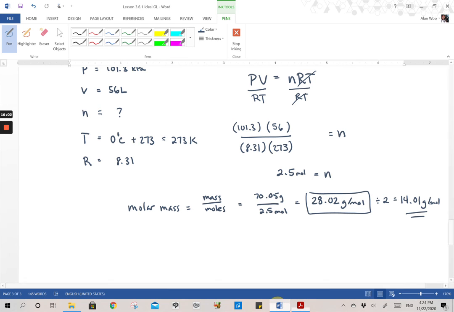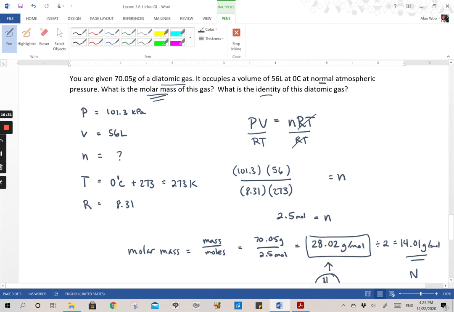So this is the molar mass of nitrogen gas, because a single nitrogen has a molar mass of 14.01. This type of question is pretty common. You don't actually need to calculate the identity of every single gas that we give you. For the most part, if we ask you for the molar mass, that's one separate question.